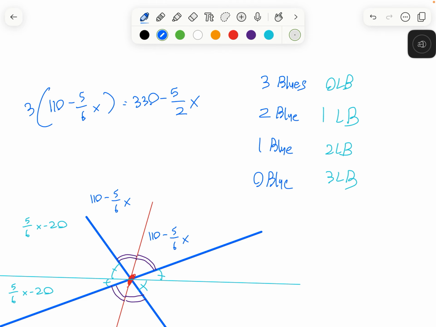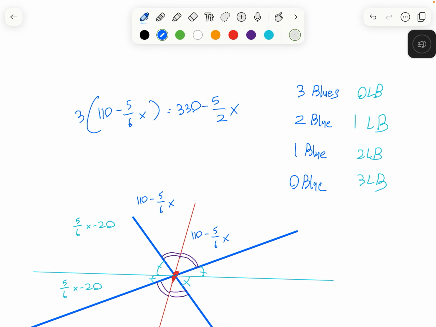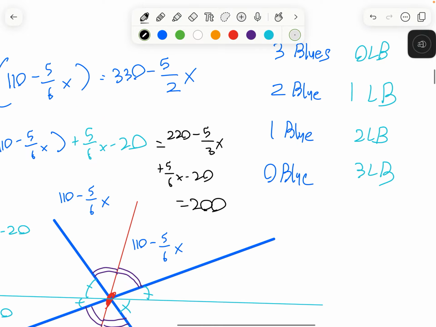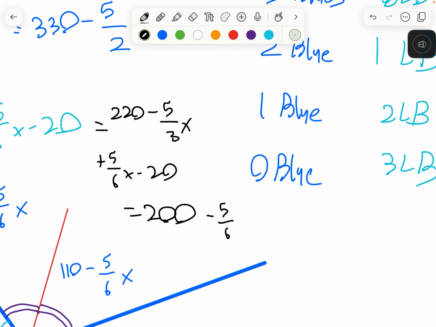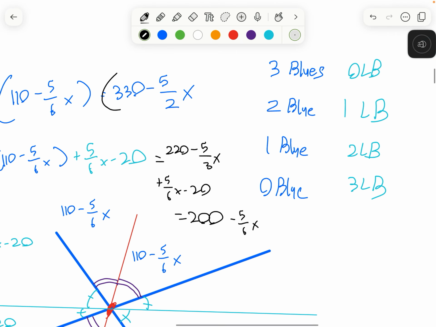We can have two blues and one light blue, so that's 2 times (110 minus 5/6 x) plus (5/6 x minus 20). If you solve that, you get 220 minus 5/3 x plus 5/6 x minus 20, which simplifies to 200 minus 5/6 x. So that's one possibility.